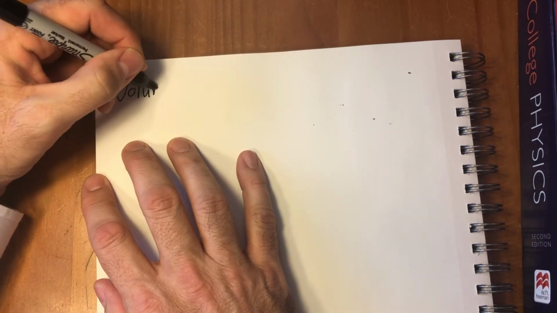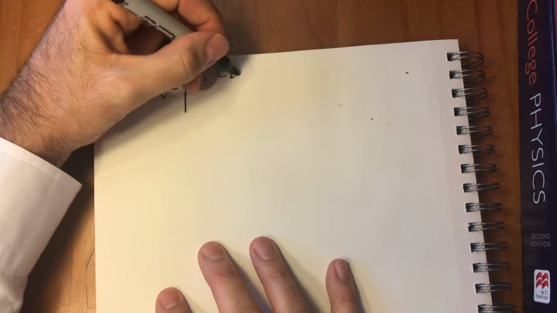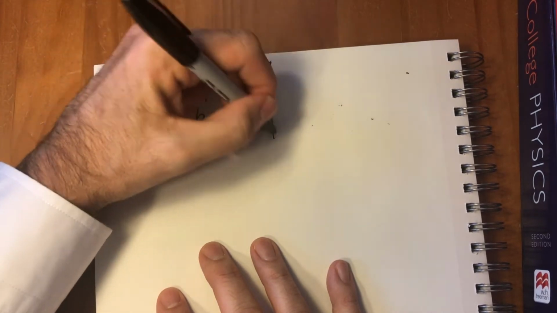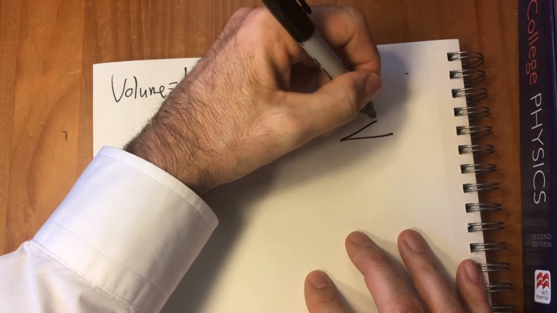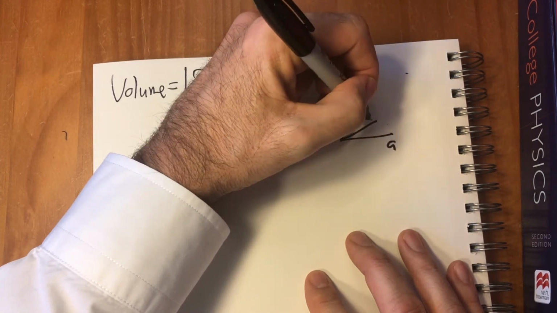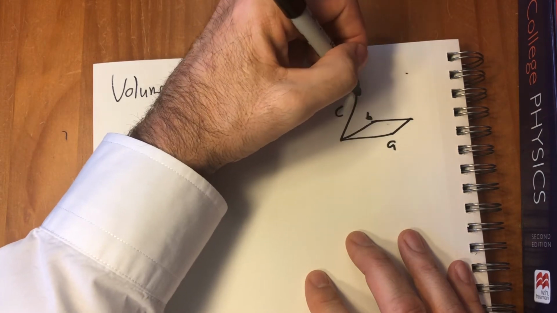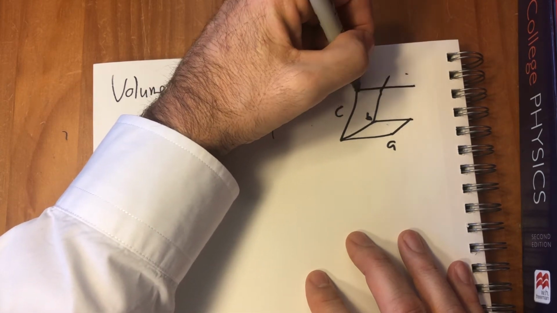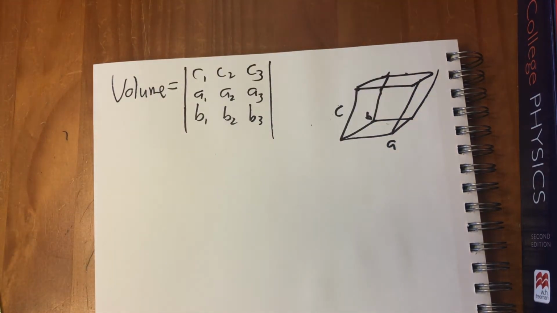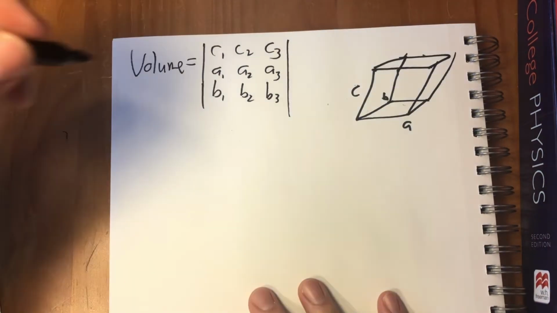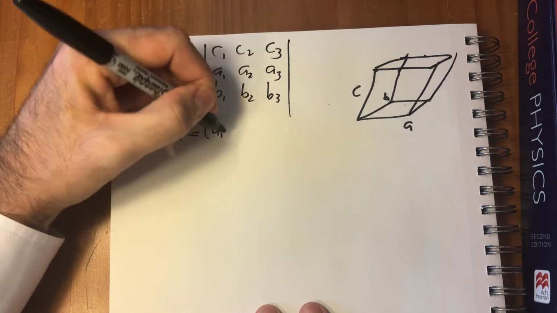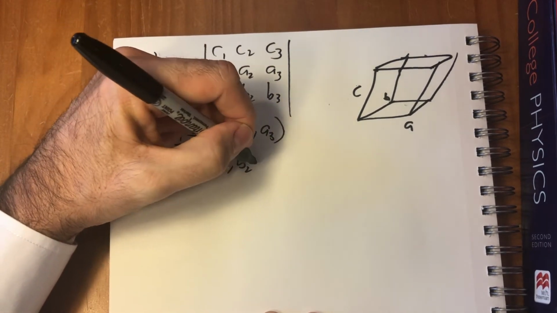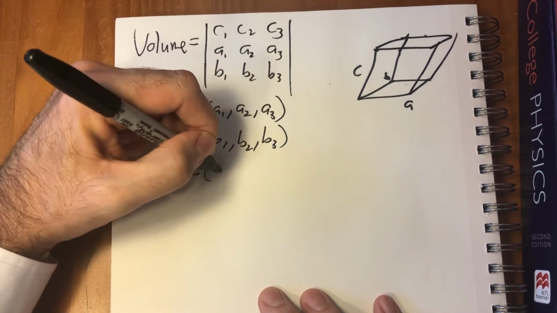So volume equals, so we have A, B, C. So if we take the determinant of these three, so we have that A equals A1, A2, A3, B equals B1, B2, B3, C equals C1, C2, C3.